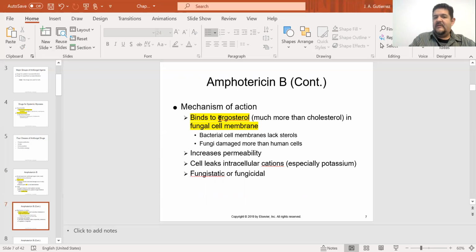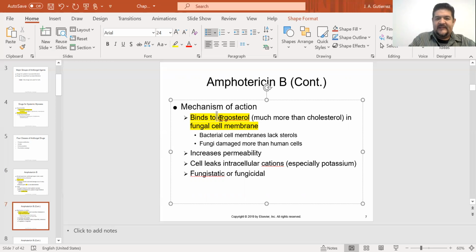Ergosterol is a type of lipid, and we as humans, we don't have it. We have cholesterol. That's why amphotericin B doesn't go inside our bodies and start killing our cells left and right. Because we don't have ergosterol, we have cholesterol in the cell membranes of our cells.